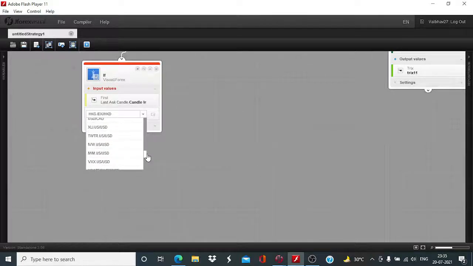We will have to find the Euro USD amongst these names, and it is proving a bit difficult this time around. Okay, I got it.